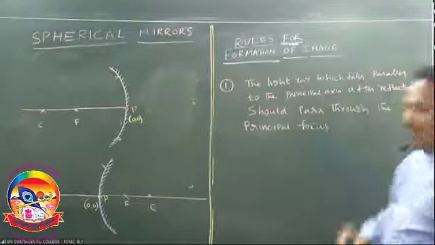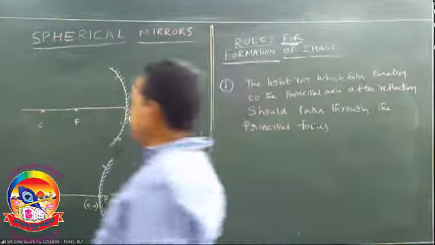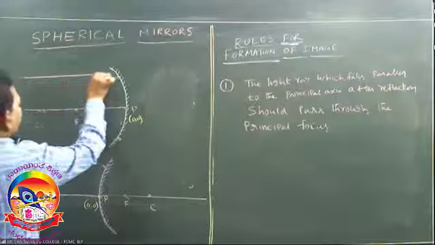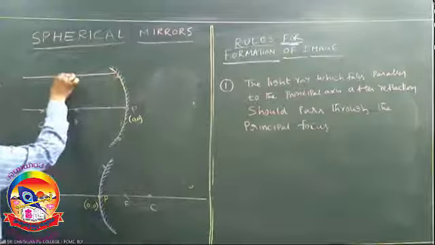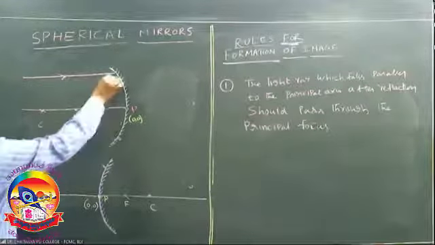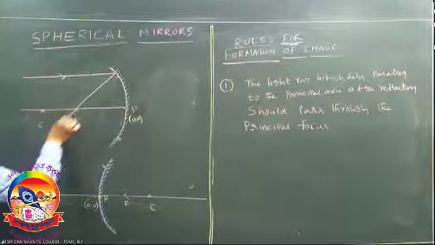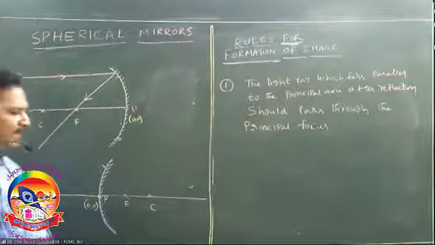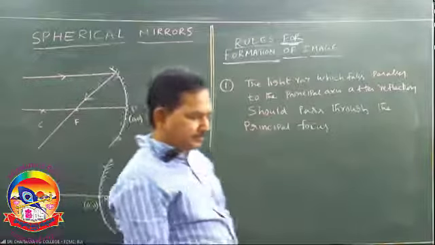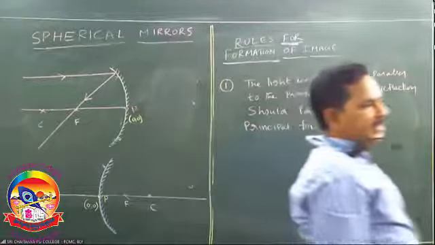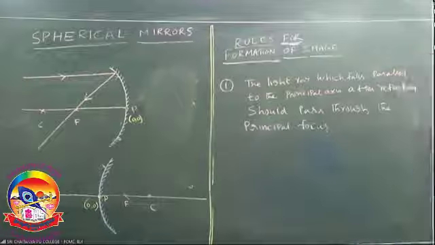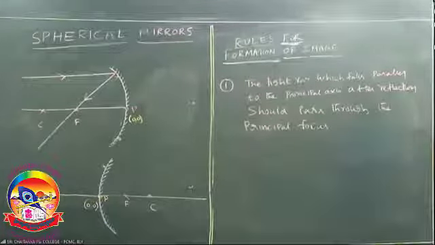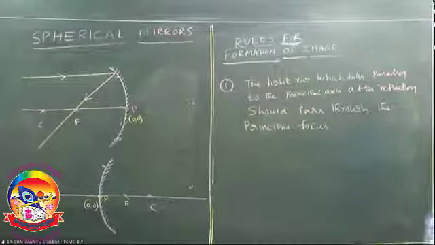Below this, draw this diagram. The light ray which falls parallel to the principal axis after reflection should pass through the principal focus. Please remember, we are discussing the paraxial rays only in entire optics.